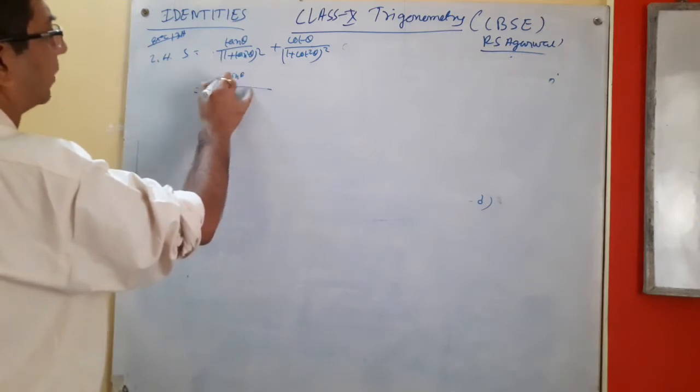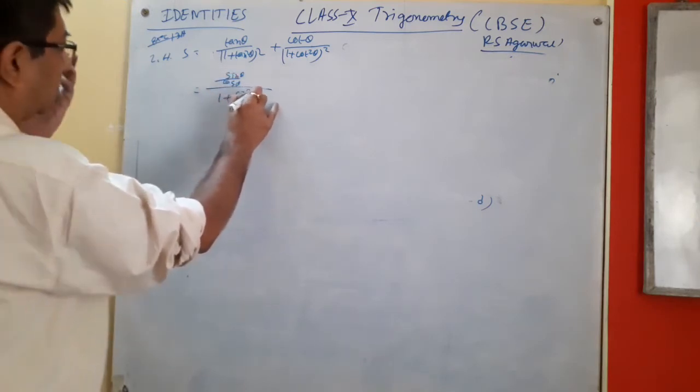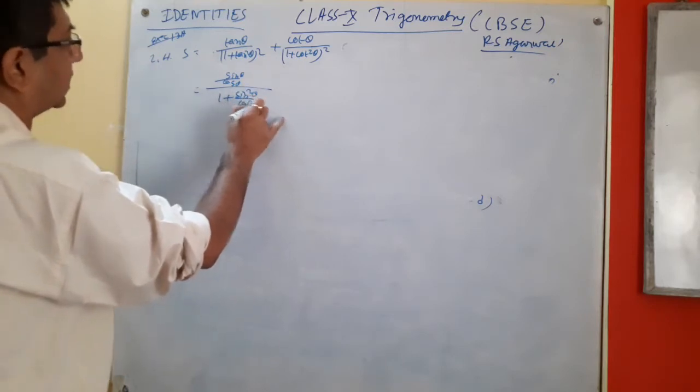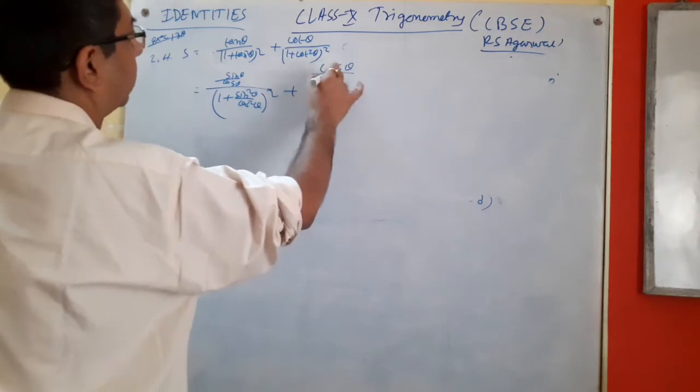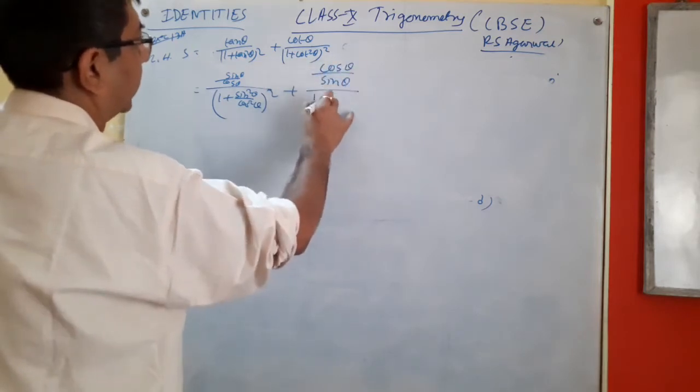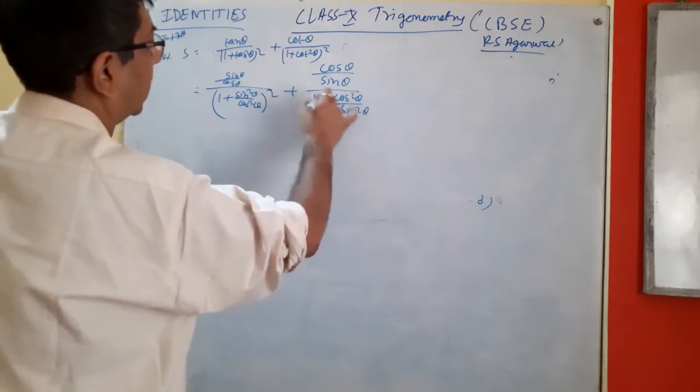Sin theta by cos theta, and this is 1 plus sin square theta by cos square theta whole square, plus this is cos theta by sin theta, this is 1 plus cos square theta by sin square theta whole square.